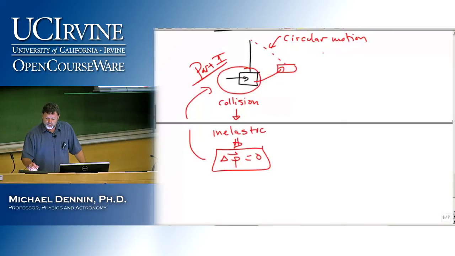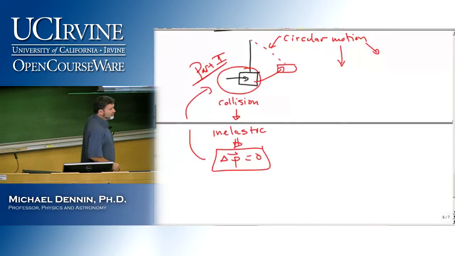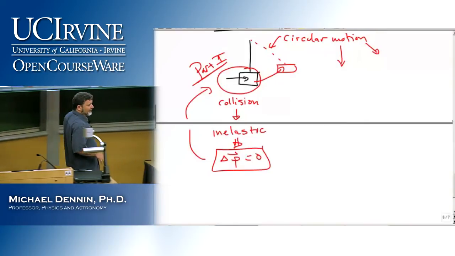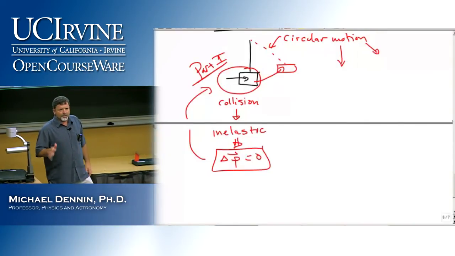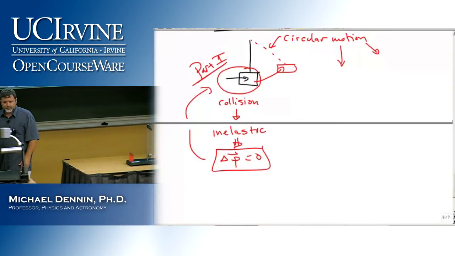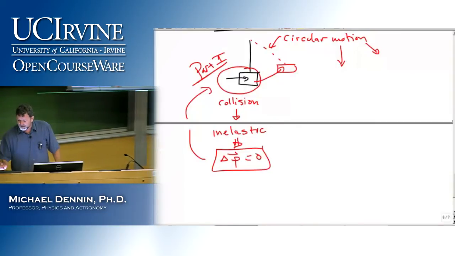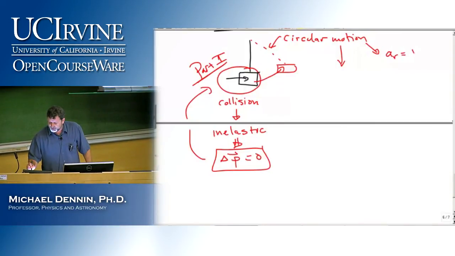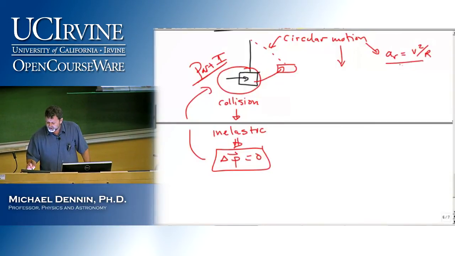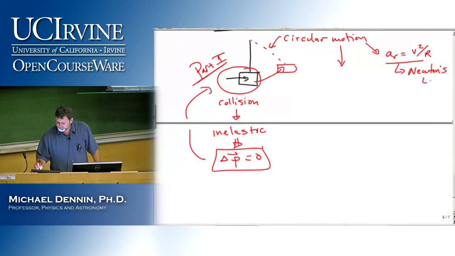Now, circular motion part. We actually got two routes that we can go. What are the two things we can use for the circular motion part of the problem? Well, we might want to think in terms of the centripetal acceleration, v squared over r, which would tell us that we're using Newton's laws, something with forces.